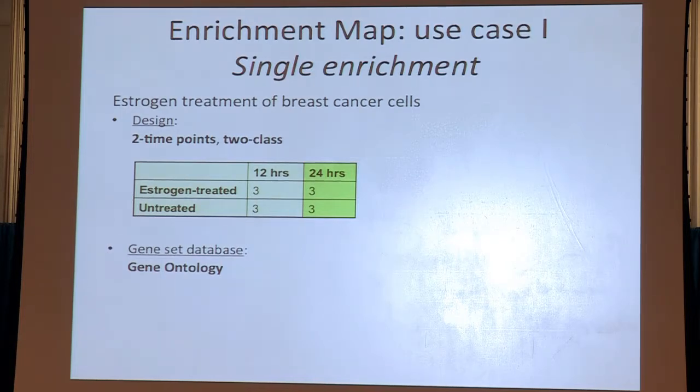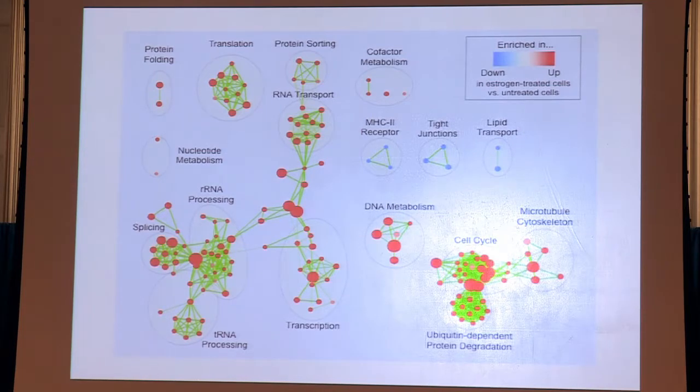And they looked at multiple time points. They had 3 samples for estrogen treated and 3 samples for estrogen untreated at different time points. So we're just focusing right now on the 24-hour time point, on one of the time points. And we ran our enrichment analysis with GSEA, and then we visualized the results as an enrichment map.